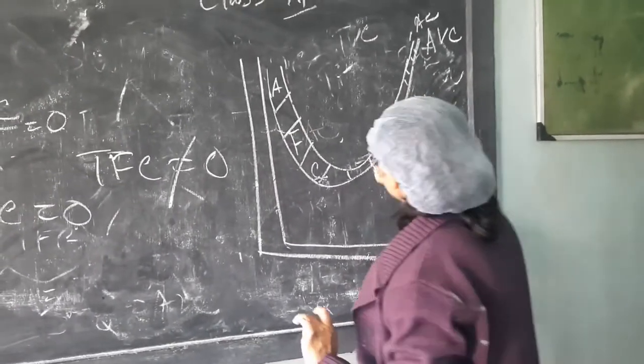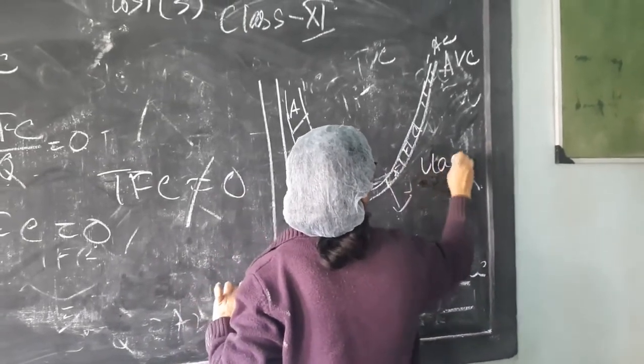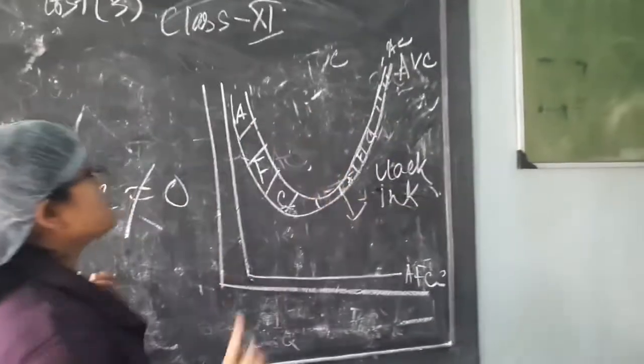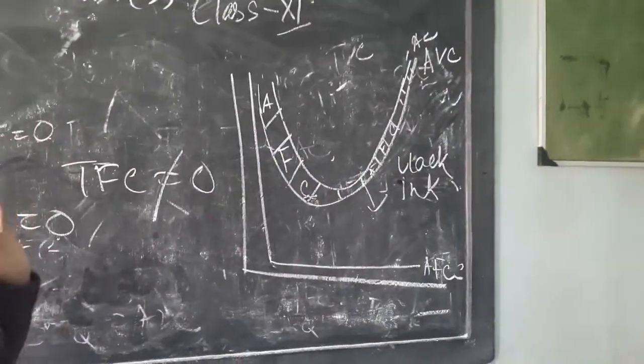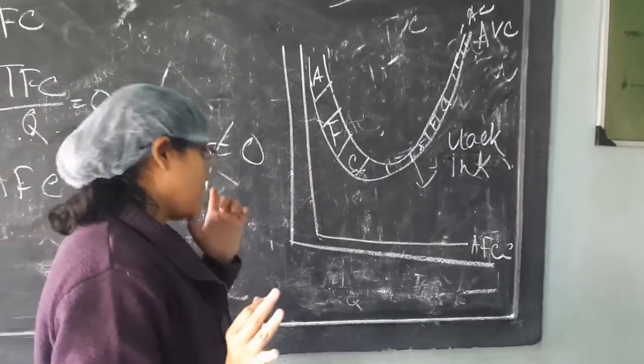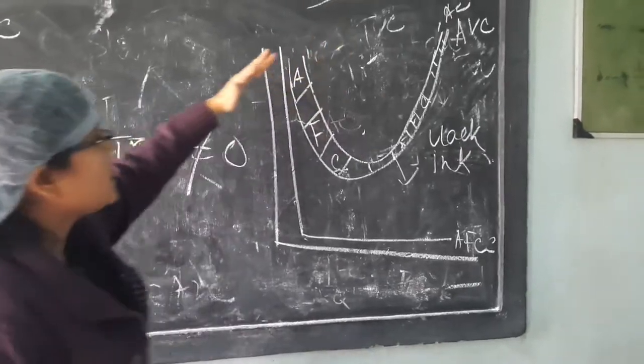Draw this AFC part with black ink, or pink, or any other color except green and red, because you have to show this AFC part very properly.